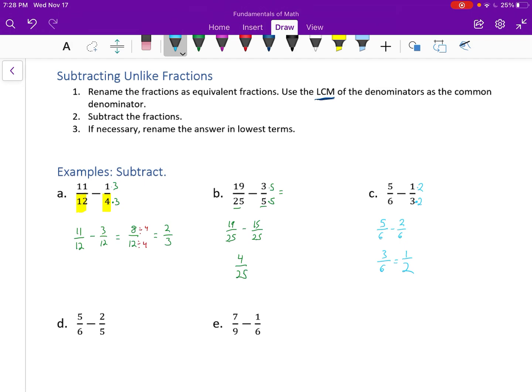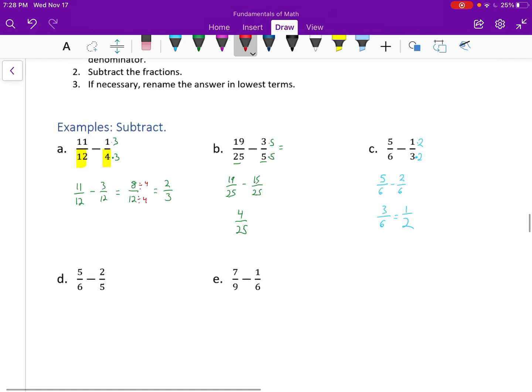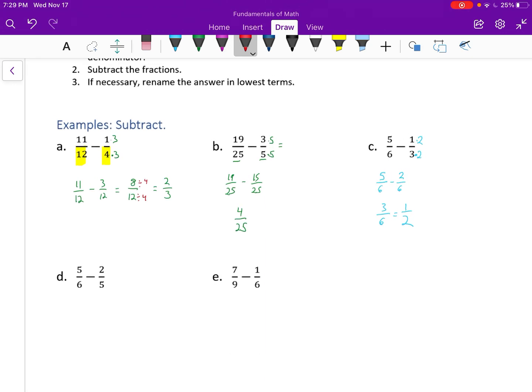Now D and E. For 6 and 5, our common denominator, if you think through your multiplication facts, 30 is the smallest number that both of those go into. So we will multiply the 6 by 5 to get 30. Multiply the top by 5.